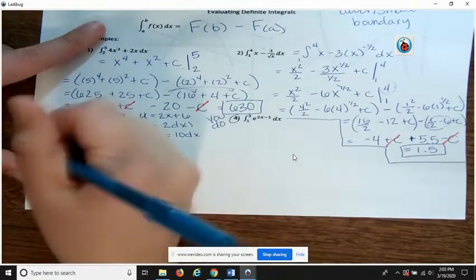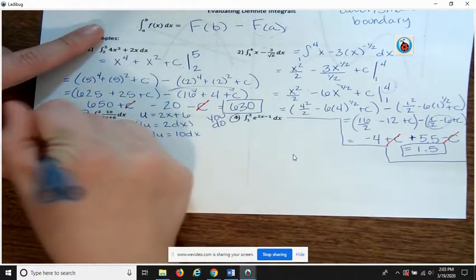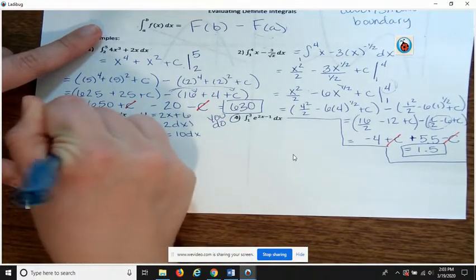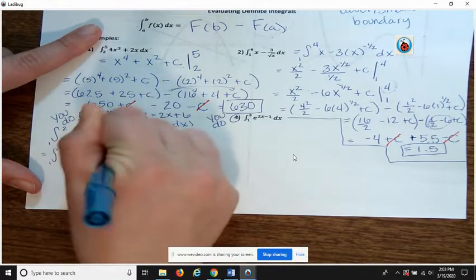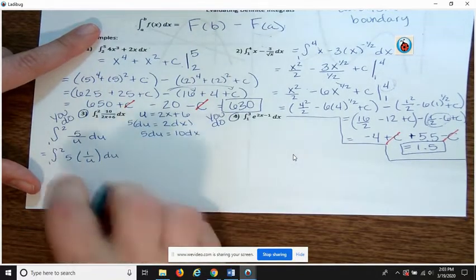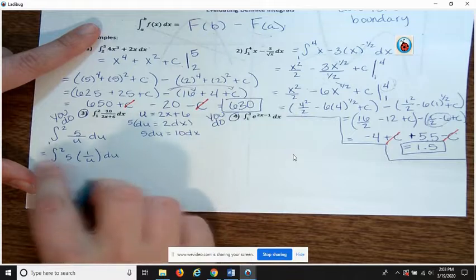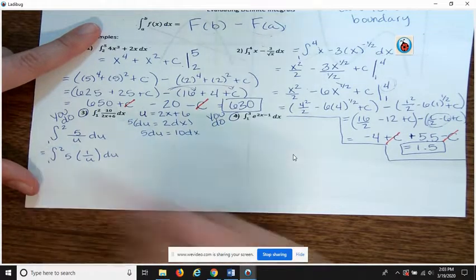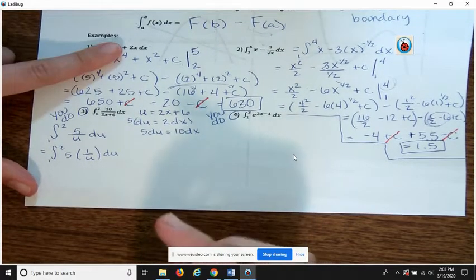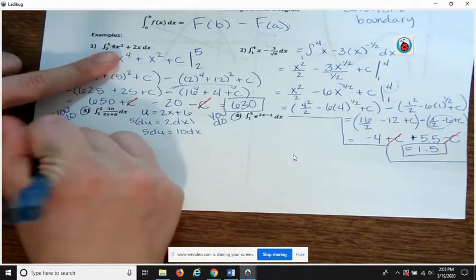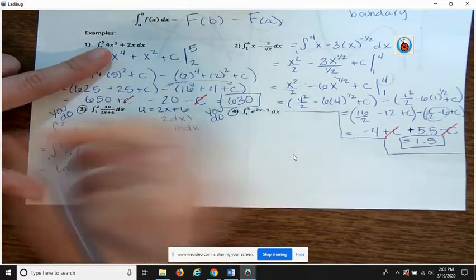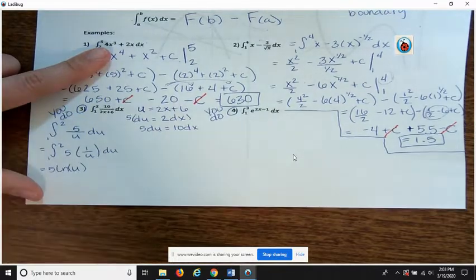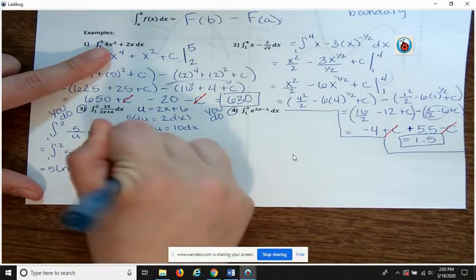I could rewrite this as the integral from 1 to 2 of 5 times 1 over u du, and then I would have this constant out front. That constant can even be pulled out further in front of the integral if that helps you. So now when we integrate this, we would have the natural log of u times 5 out front plus c from 1 to 2.